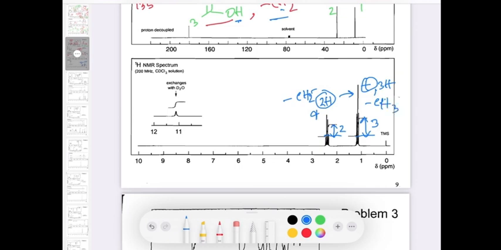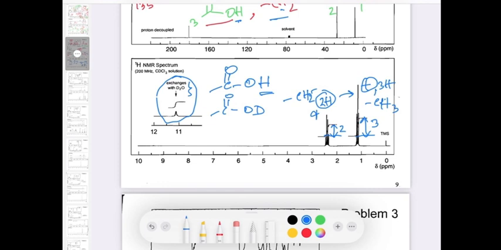Okay, so now it is kind of confirmed, and here at around 11 you see a peak that also says exchanges with deuterium oxide. So a carboxylic acid proton can always be exchanged with deuterium oxide. Like if you add D2O, that proton of the carboxylic group can be exchanged, like COOD.